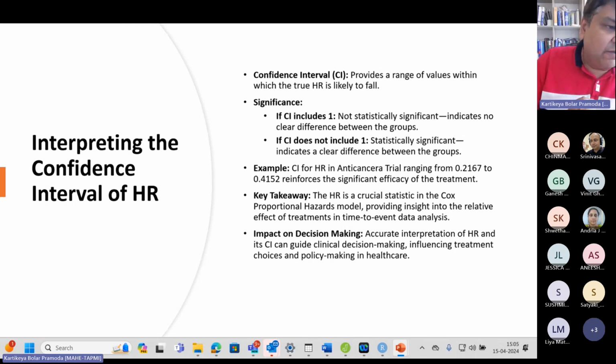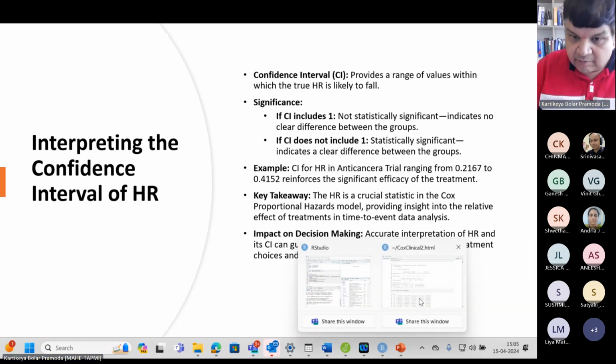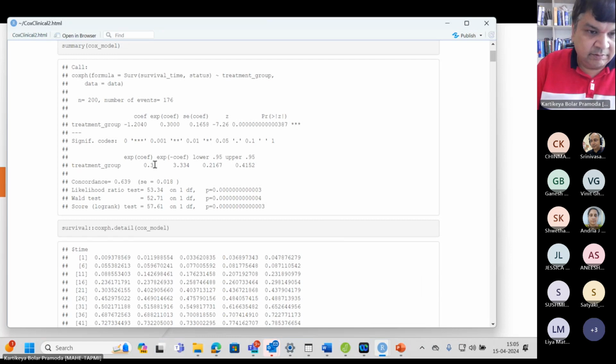But if the interval included 1, that would not hold. If you look at this interval, it ranges from 0.2167 to 0.4152, so it doesn't include 1.